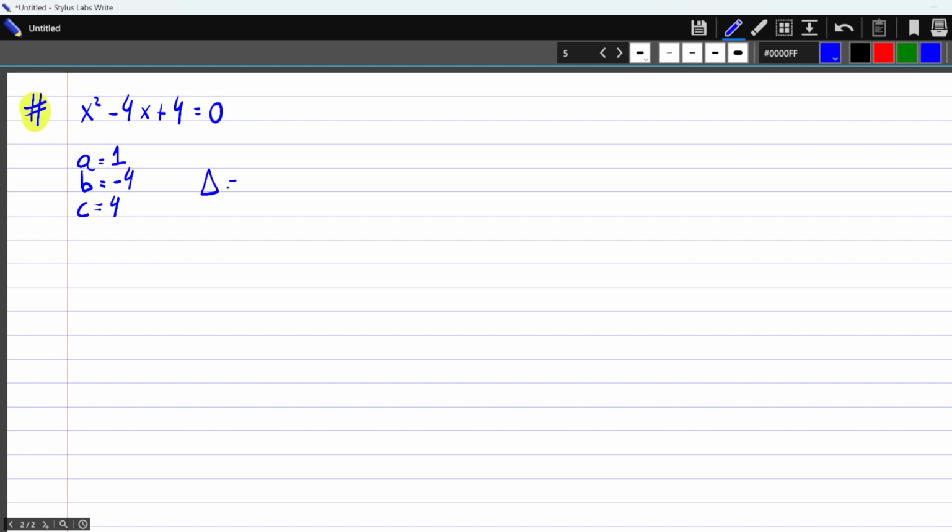So delta equals b squared minus 4a times c, which equals minus 4 squared minus 4 times 1 times 4, which equals 16 minus 16, which equals 0.